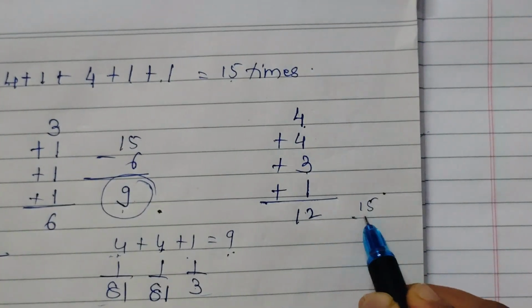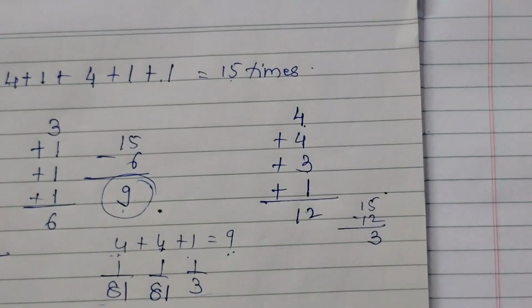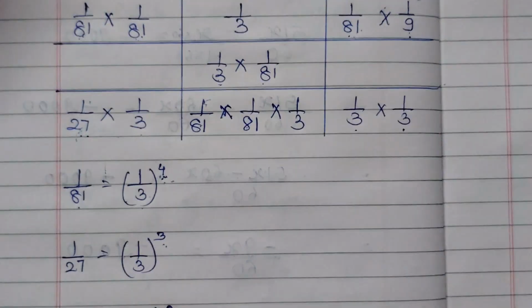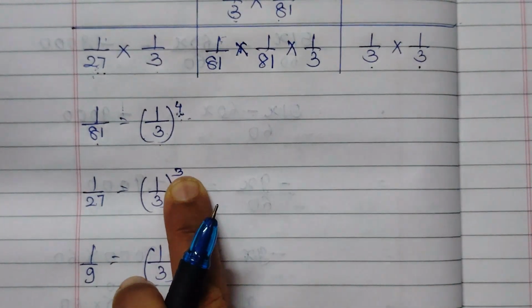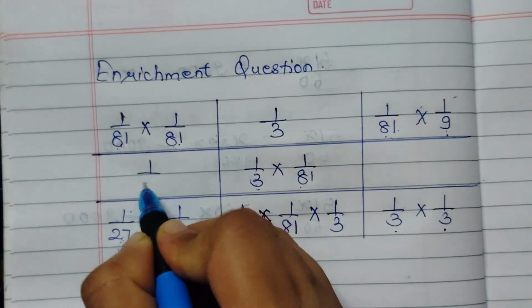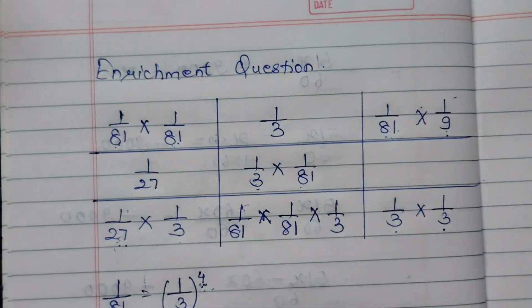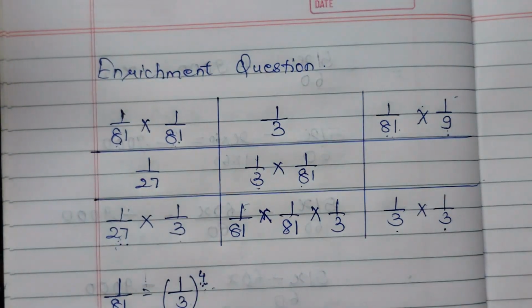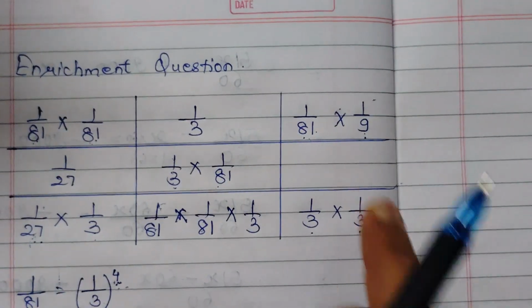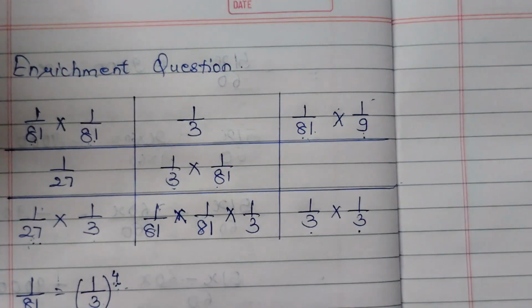So 15 minus 12 is what? 3. 3 more times we require. So 3 times we can take 1 upon 27. It is 3 times. So if I write 1 upon 27, the total goes to 15 times. Okay. Now we'll come to the last.